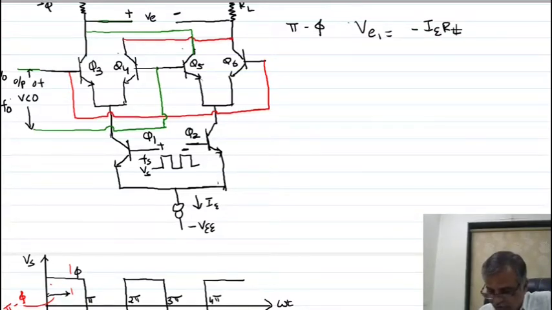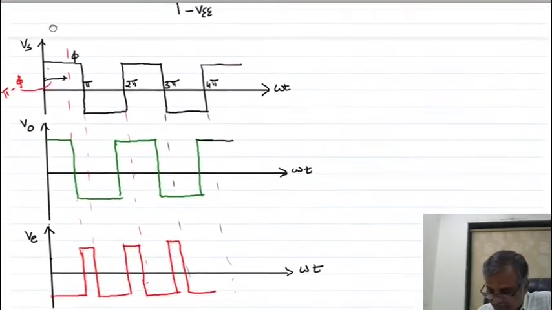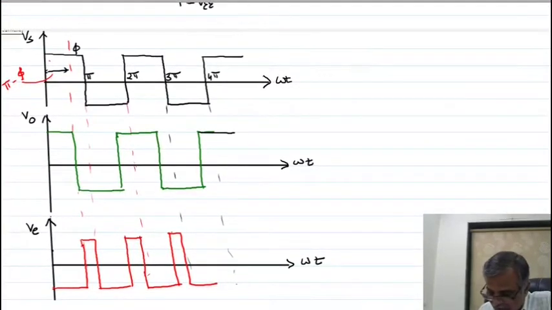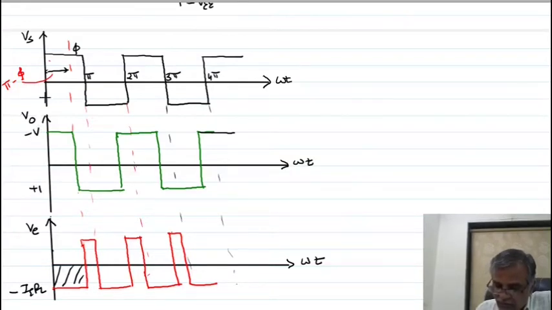So that I am showing you here. This is your minus IRN. Now I have told you the voltage VO and VS is sufficiently high to drive the transistor on and off.